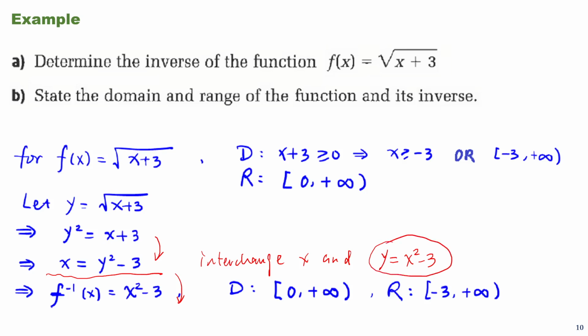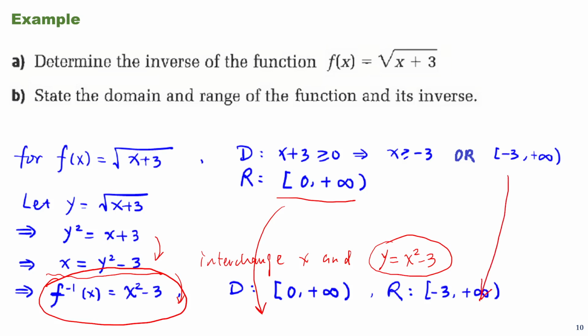And y is actually f inverse of x. So you could use either y equals x squared minus 3, or use this notation here: f inverse of x equals x squared minus 3. This is the inverse function. And we know the domain of the inverse function is the range of the original function, and the range of the inverse function is the domain of the original function, right? You understand?